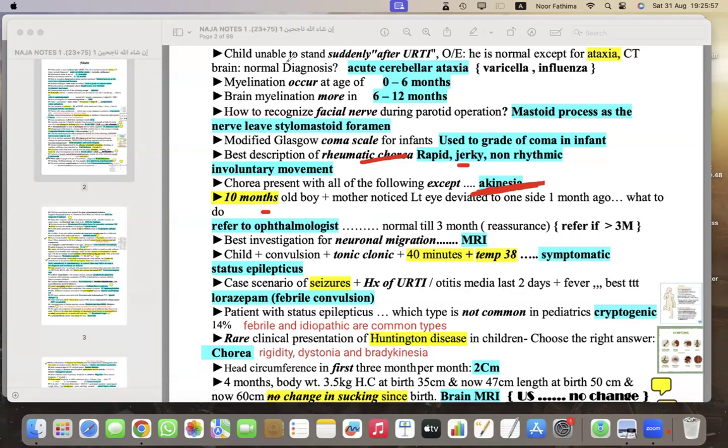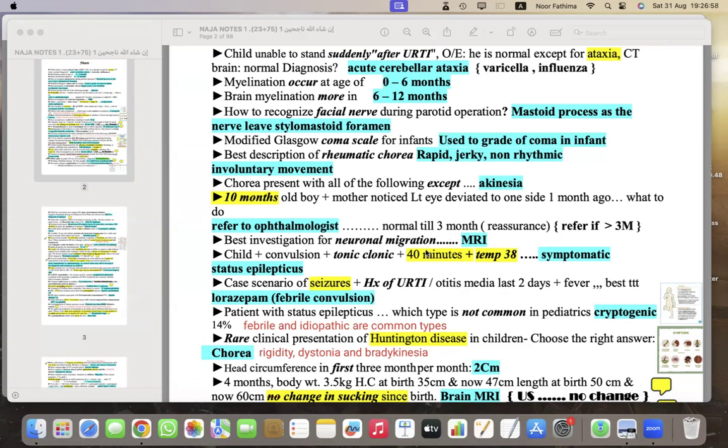That means he has a squint. So this is a squint, we will refer to an ophthalmologist. It is normal till 3 months of age, and then we have to do reassurance.